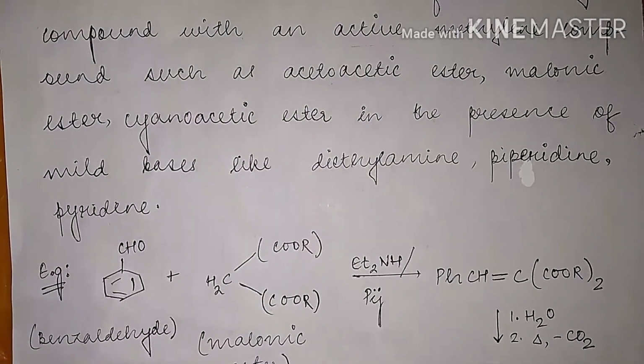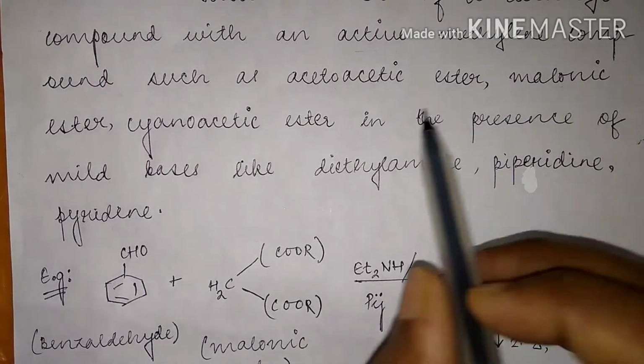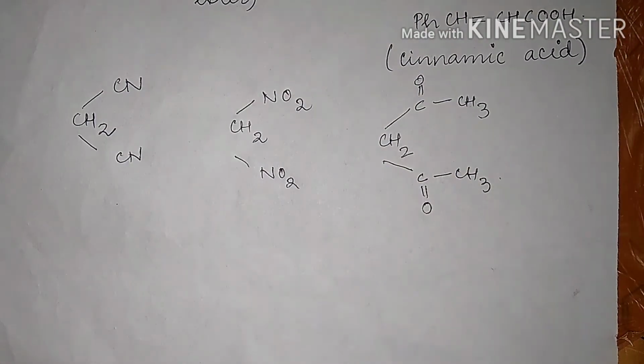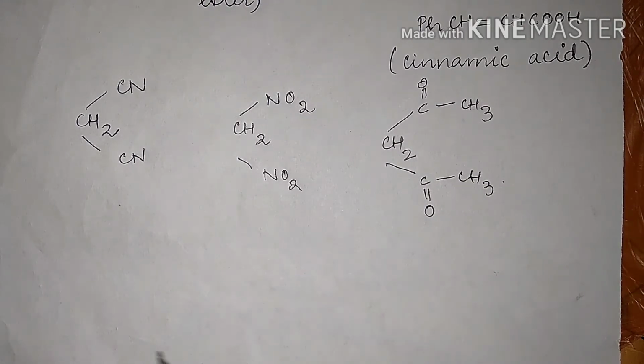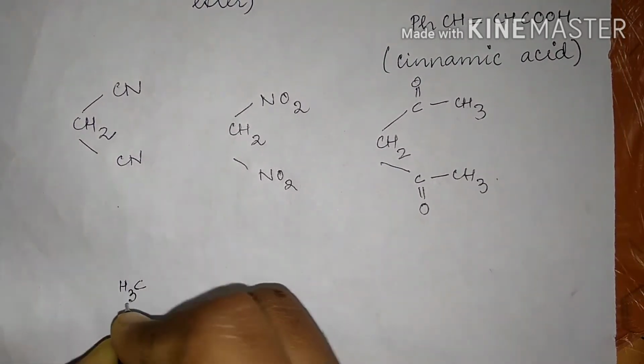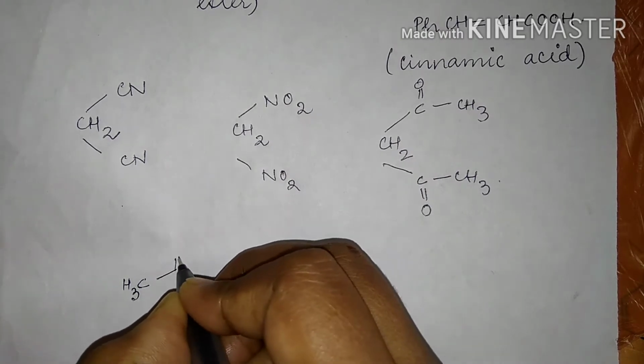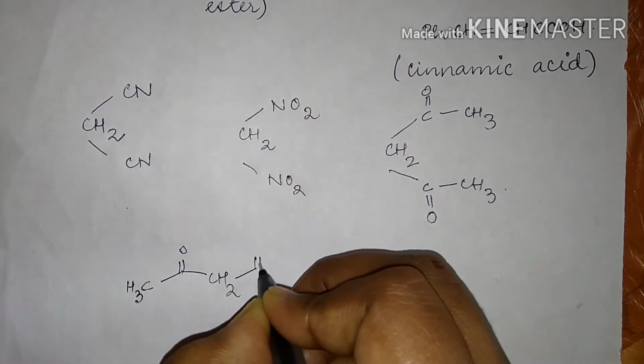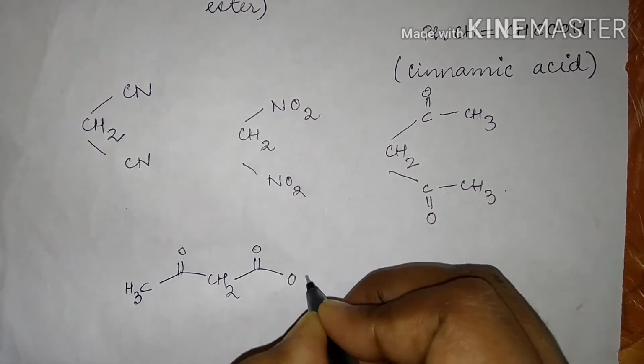Now let us have a look at acetoacetic ester. The chemical formula of acetoacetic ester is CH3COCH2COOR.